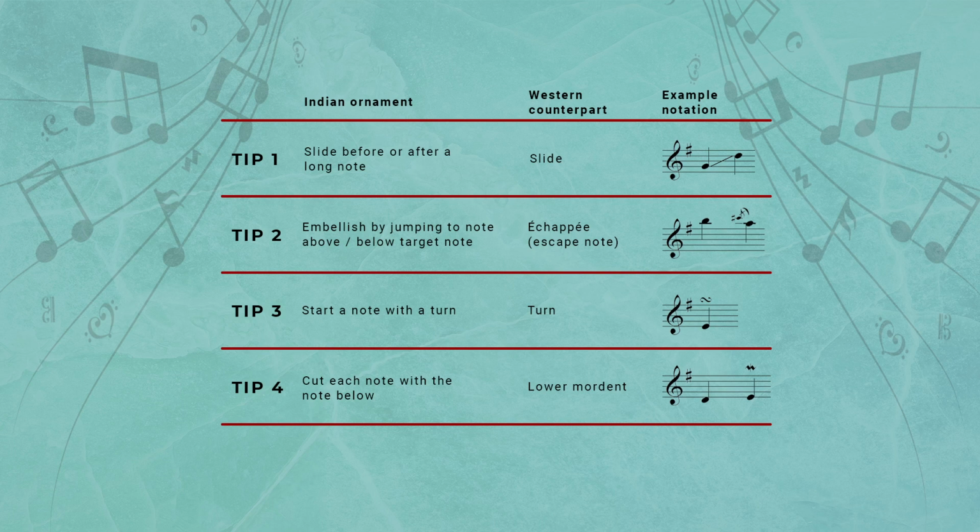And then we had the jumping notes, which in Western music there's something called échappée ornamentation, which translates to an escape note. So da da da da da. It's the kind of note at the top has been escaped, which you could notate perhaps as a crush note, a grace note, there as well. So I think all of those are actually possible to notate.